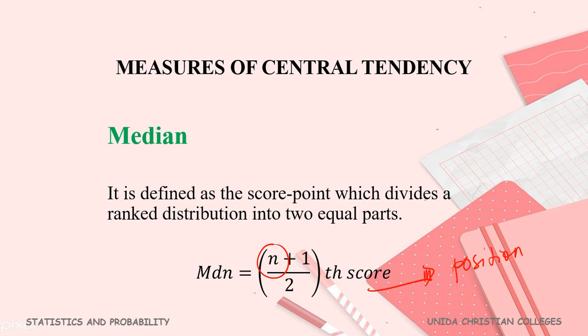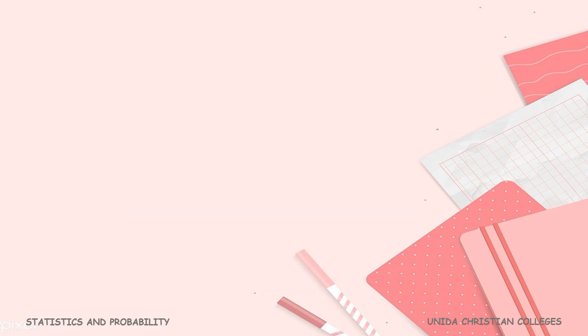And take note for the median po, kailangan na po natin ng arrangement. Kailangan mo na pong i-arrange ang iyong data in ascending order. Kasi nga, kailangan kunin natin yung middle number, yung middle score. Okay? So, kailangan ayos sila in ascending order. Okay?